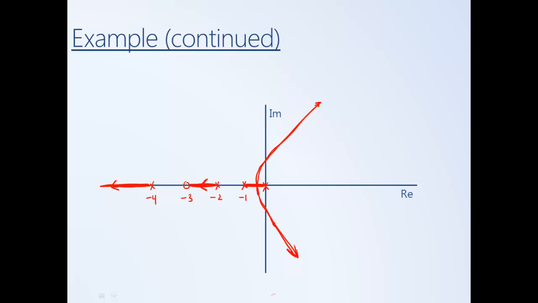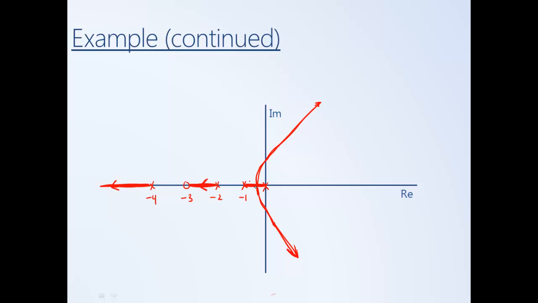In this case, all of our angles of departure and all of our angles of arrival are determined. So these are angles of departure where we leave poles. Here we have an angle of arrival where we approach a zero. And this is a rough sketch of a root locus. It's not exact, but we can tell quite a bit from it, and we were able to draw it relatively quickly.